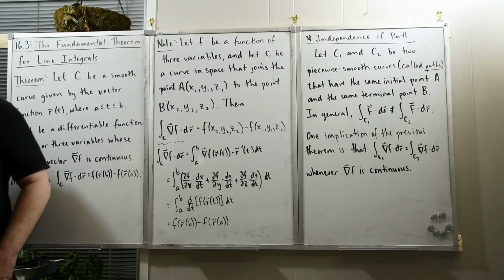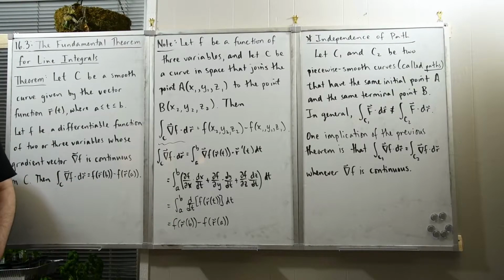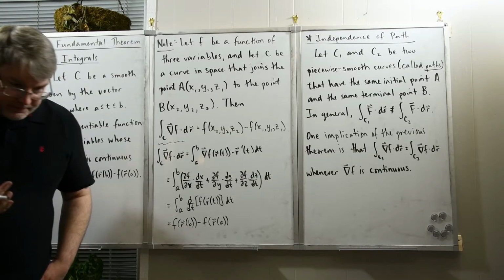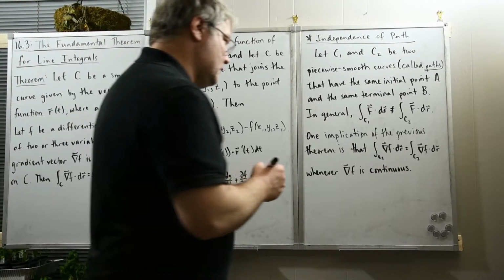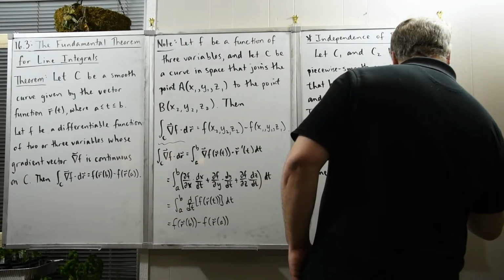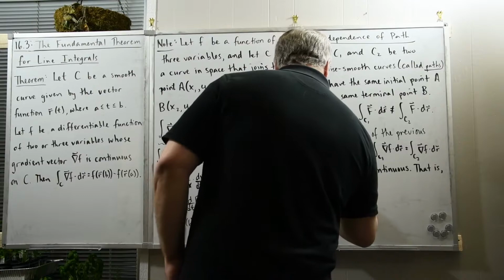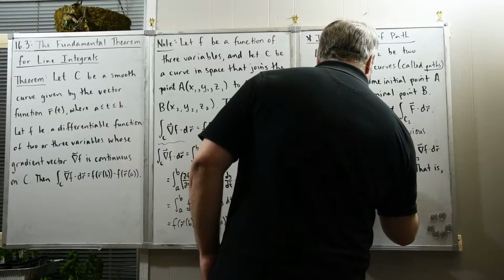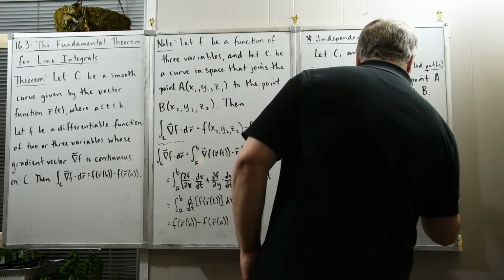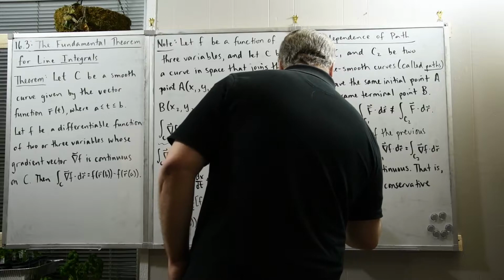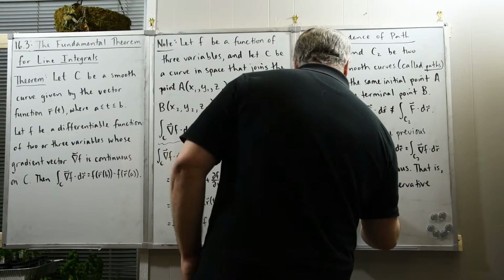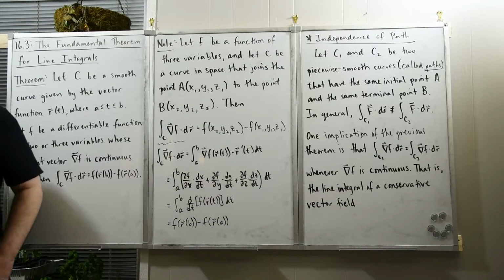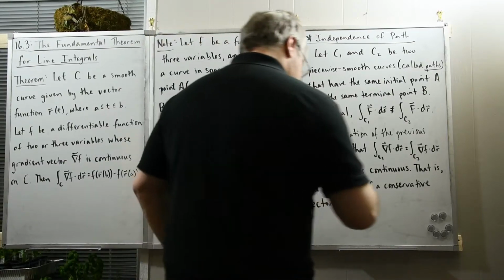And so what this means is that the line integral of a conservative vector field really just depends on the initial point and the terminal point of the curve. Once again, line integral of a conservative vector field depends only on the initial point and the terminal point of the curve.